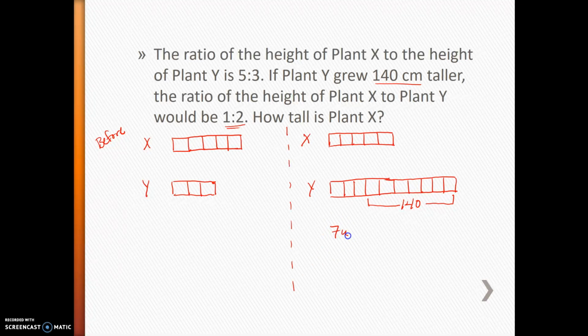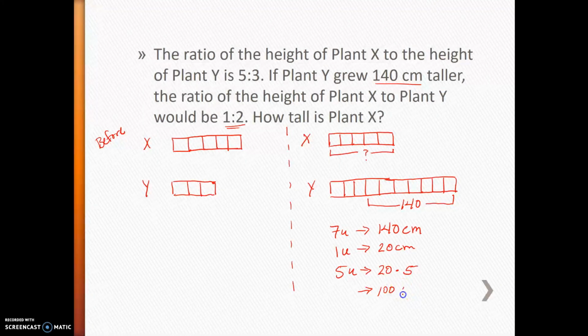So let's say 7 units are equal to 140 centimeters. 1 unit is going to equal 20 centimeters, which is 140 divided by 7. I want to know how tall plant X is, so I will solve for 5 units. So 5 units is 20 times 5, which equals 100 centimeters.